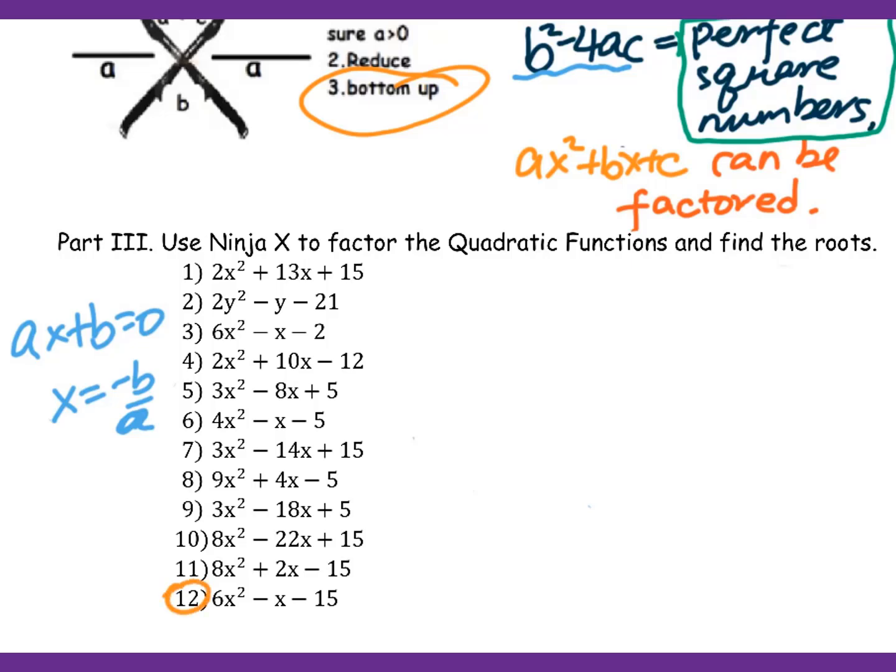For last question, you will get -90. This is -1 over 6 over 6.